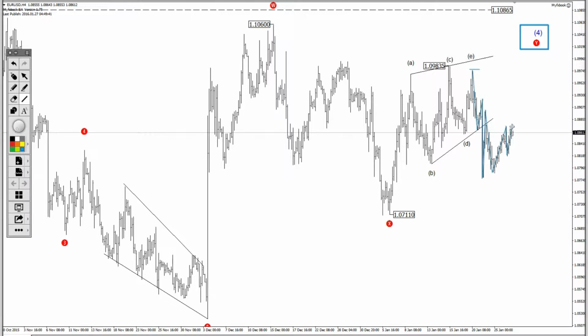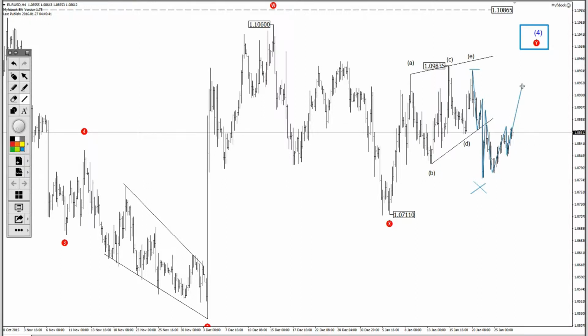So maybe we can expect a 5-wave structure out of this or a larger 3-wave structure if we put this drop as an X wave. So 3-wave move would propose that first this is correction and second this is an X wave, and now we should see the next upwards move to form a 3-wave structure to complete the Z wave of the very complex double three or triple three correction.